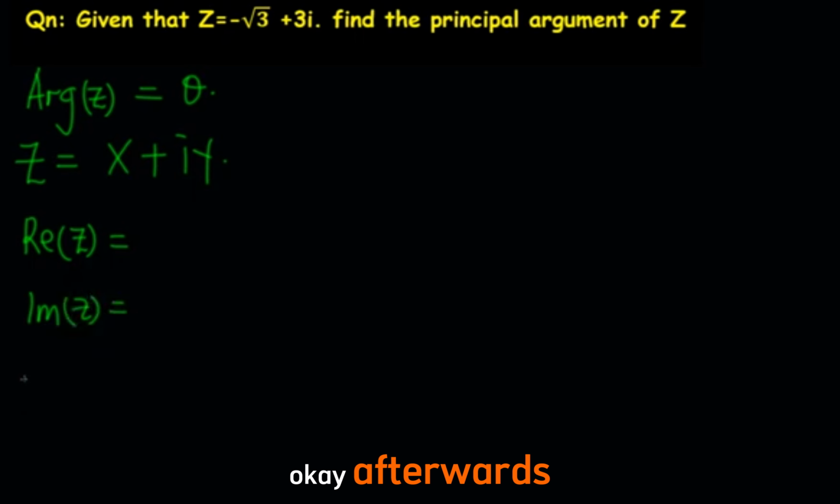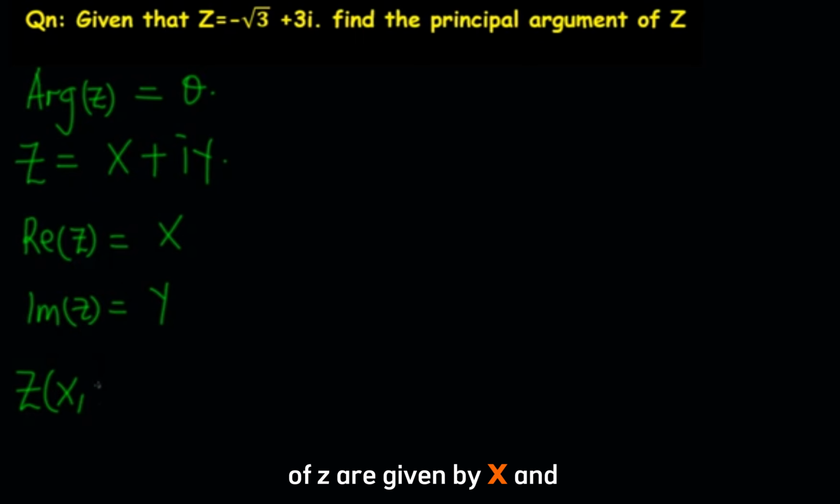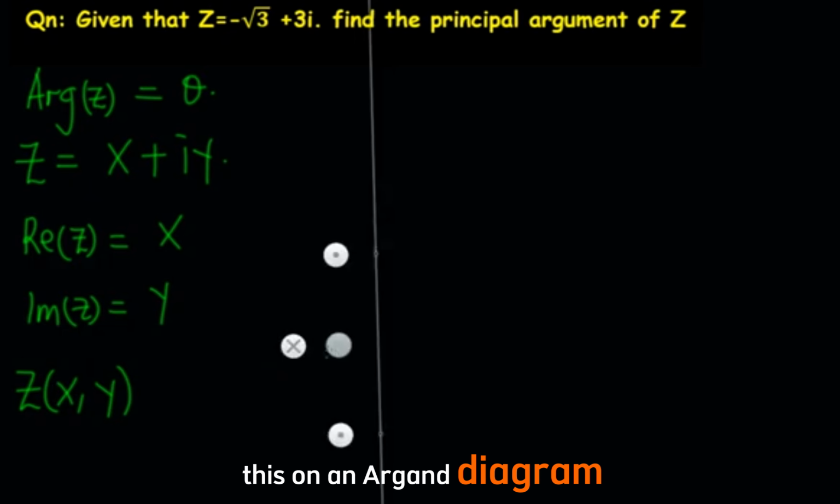Afterwards we get the coordinates. So the real part of z is x and the imaginary part of z is y. So the coordinates of z are given by x and y. So we can illustrate this on an Argand diagram.